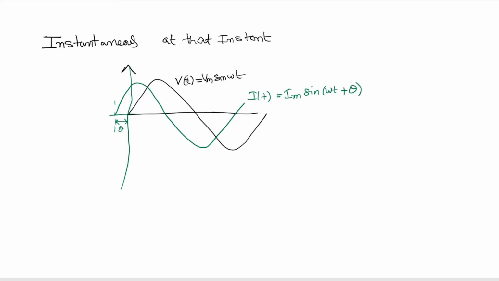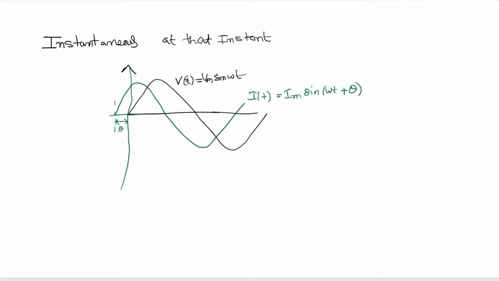Since there is a phase angle, I have to write omega t plus theta. Suppose if I want to write in reverse order, if I make this current as reference, then voltage I have to write as omega t minus theta. Later we will discuss all these things whenever we are dealing with pure inductor and pure capacitor, the next topic.